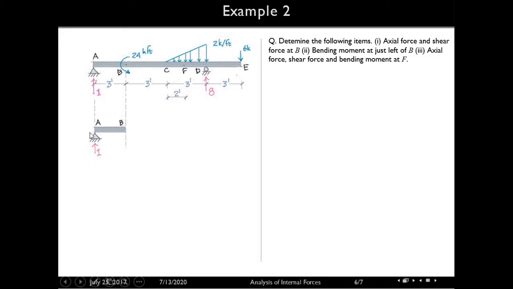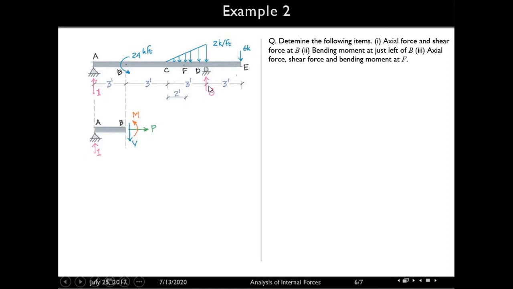So we have considered the vertical reaction. Now let's denote it with the conventional axial force and shear force signs. As we have taken the left section, the shear force will be positive in the downward direction and axial force will be positive in tension. So we have denoted the vertical shear force, axial force and a moment.